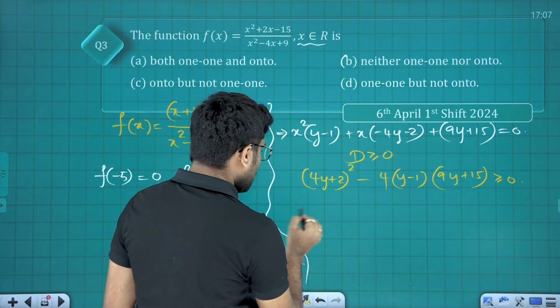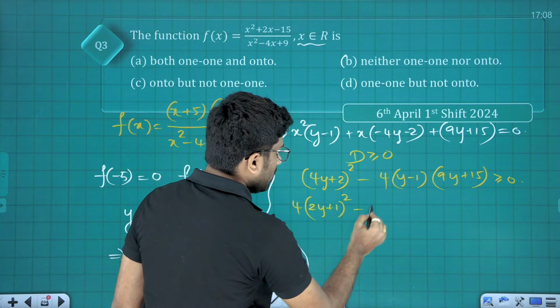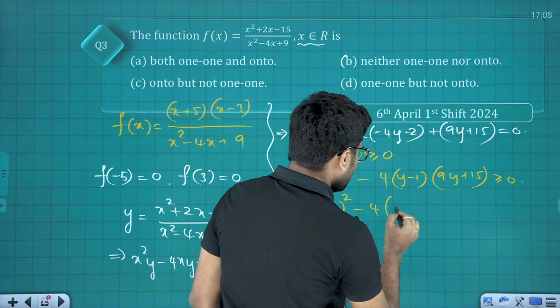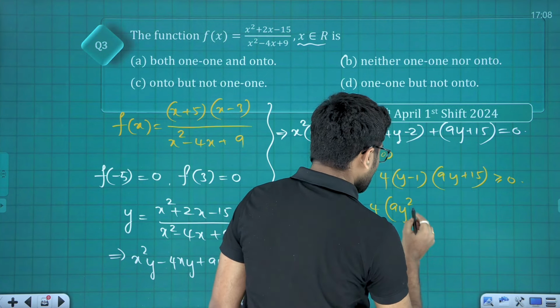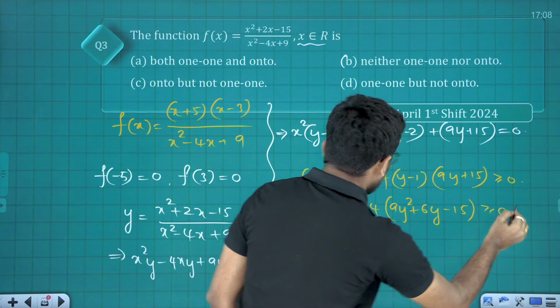We can take 2 common, so 2 square is 4, 4 into (2y plus 1) whole square minus 4 into (y minus 1) into (9y plus 15), that is 9y square plus 15y minus 9y minus 15, greater than or equal to 0.